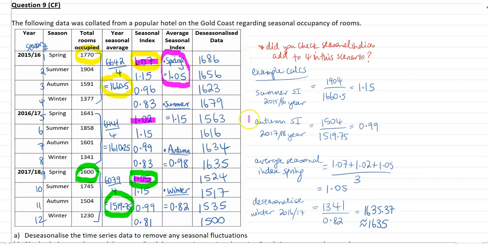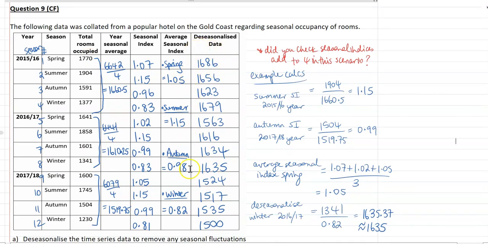Finally, to end up with my deseasonalized data, so say we look at winter. Let's deseasonalize winter of season 2. I would use the winter average seasonal index, and I would divide the 1341 by my 0.82, and that would give me a deseasonalized figure for winter of the 2016-17 season of 1635.